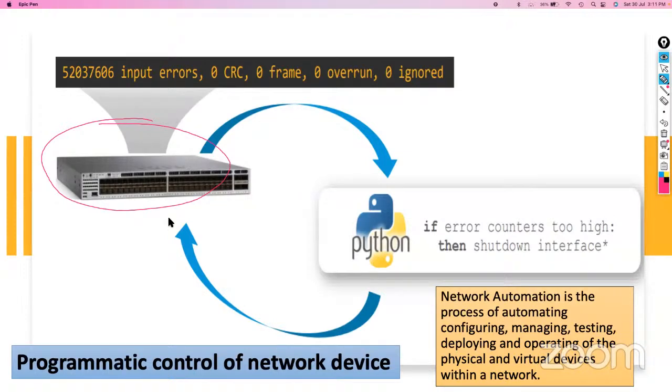Consider this is an L3 switch, or consider the PE router, the PE device. So here we have our ISP interface, and you observe that input errors are coming on the BGP interface, right? And due to that, your particular site is facing issues.